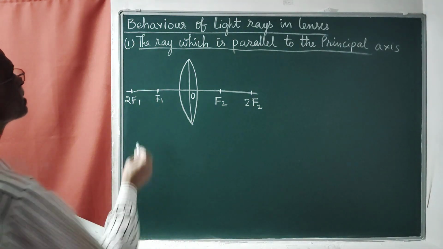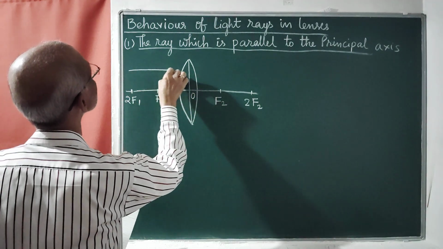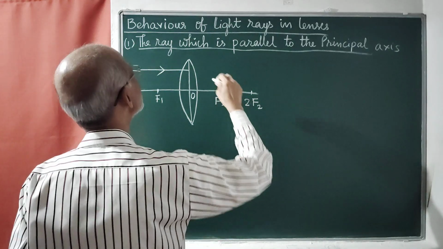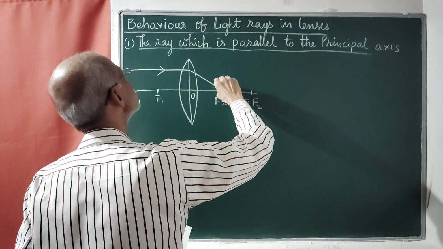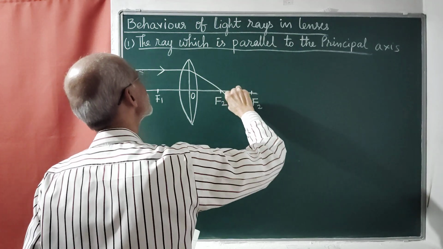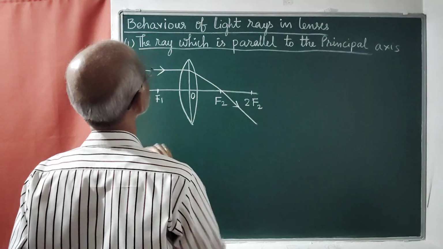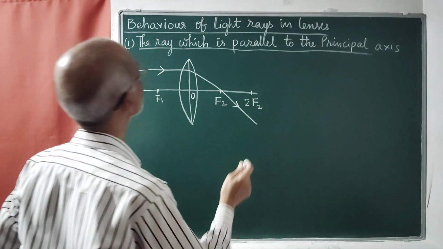So the light ray that is parallel to the principal axis, after refraction, goes through F2.